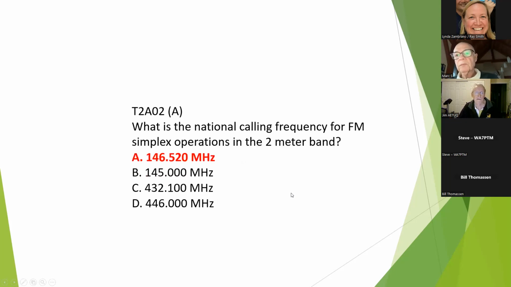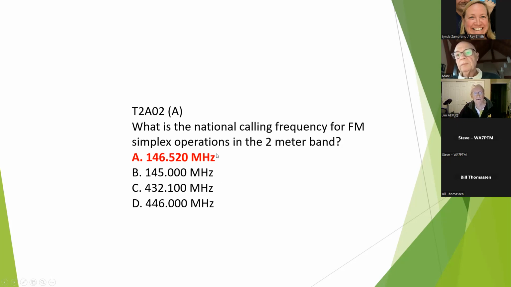This is one you just have to remember, but if you remember your formula, 300, you know 2 meters, okay, so 300 divided by 2 is 150, so it's got to be one of the first two. I know it's not the other two because those are not 2 meter frequencies.